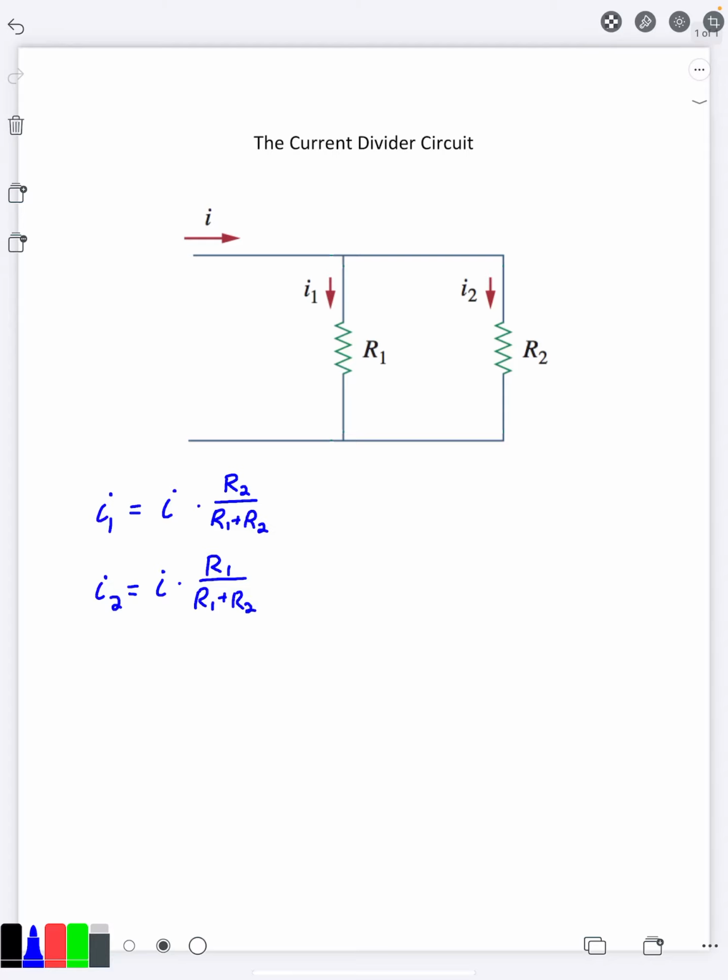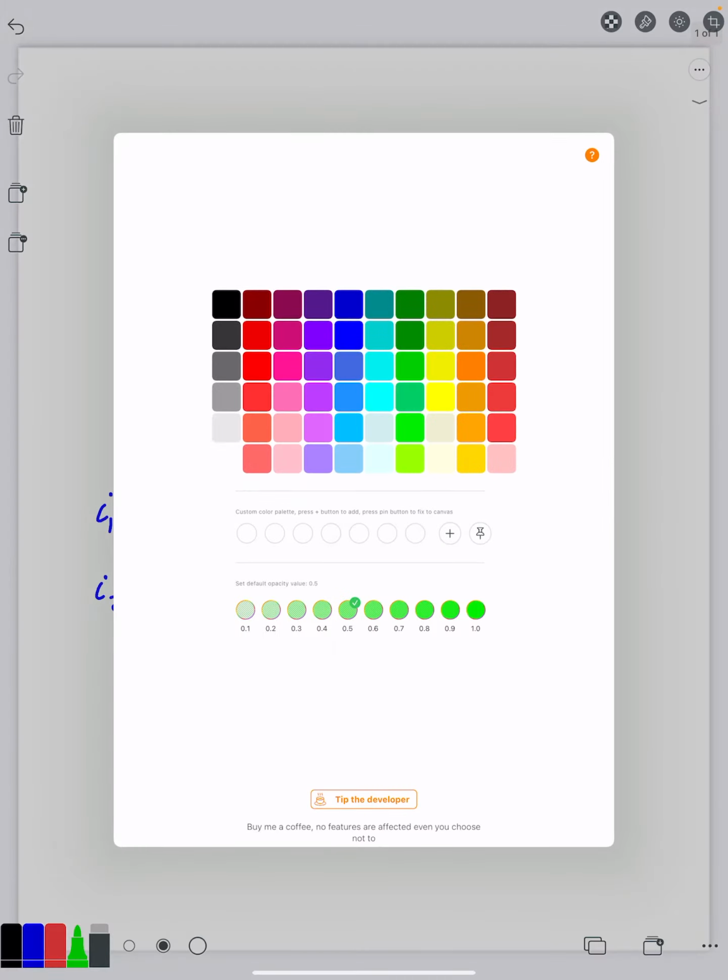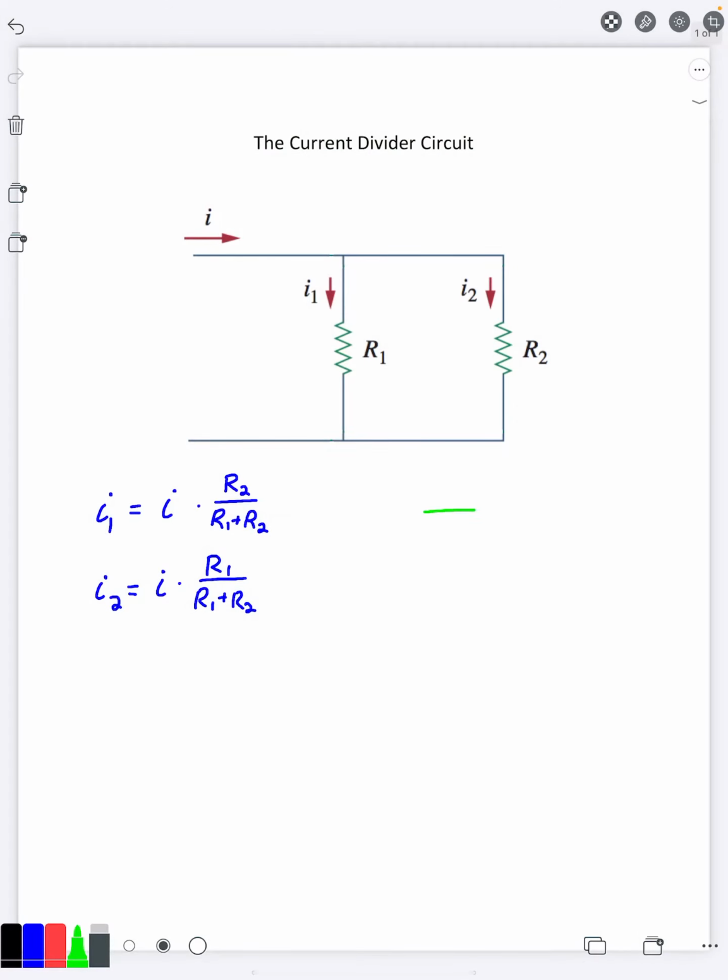The reason why it works out this way is if you go ahead and combine these two resistors into a single one using the parallel rule, you'd have R1 times R2 over R1 plus R2, and we know we have our current I coming in. Well, in that case, you can calculate the voltage across that would be I times R1 R2 over R1 plus R2.